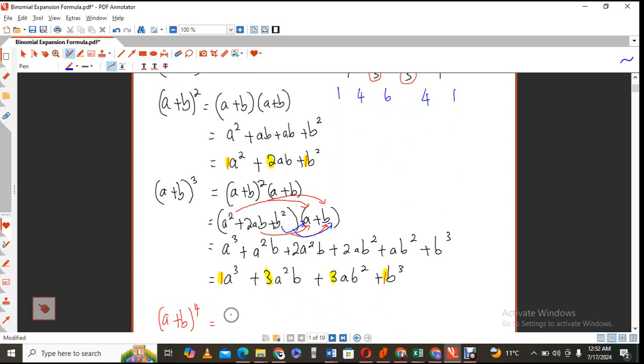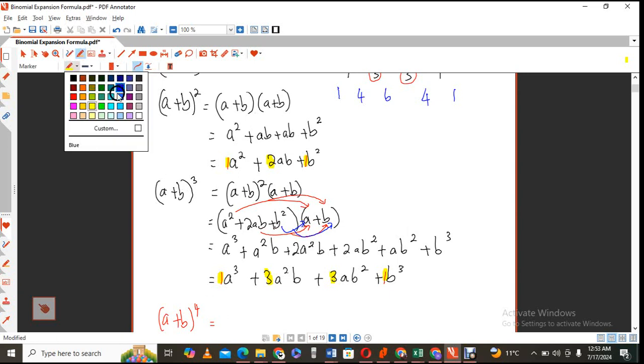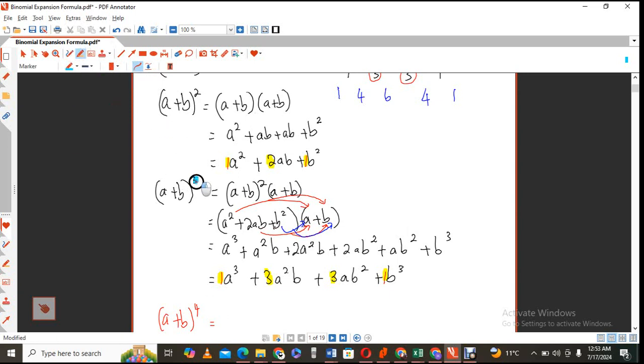One of the things you should also realize is, let's go back to this one, perhaps so that I can make this point a bit clearer. You should have noticed that this is raised to the power of 3, and the powers of a are decreasing. Can you see that? The powers of a. Let's go to the final one.